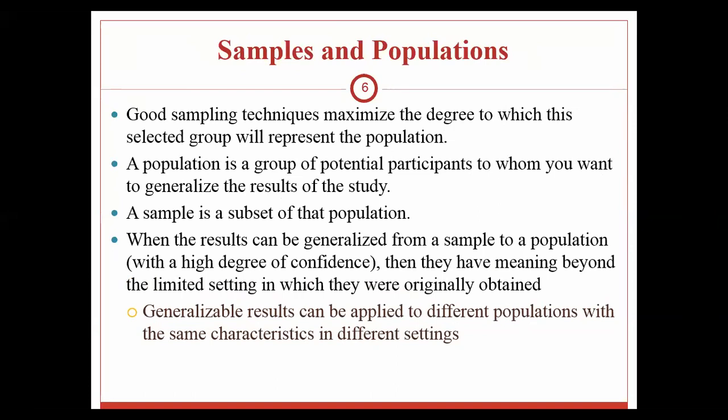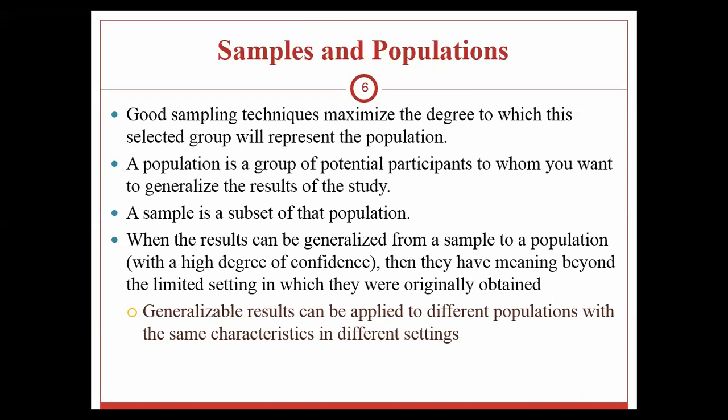Samples and population. Good sampling techniques maximize the degree to which the selected group will represent the population. That's the idea. You want the selected group to represent the population, and good sampling makes sure you do that. A population is a group of potential participants to whom you want to generalize the results of the study.